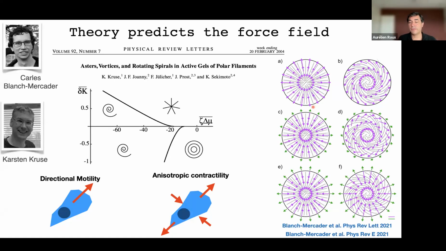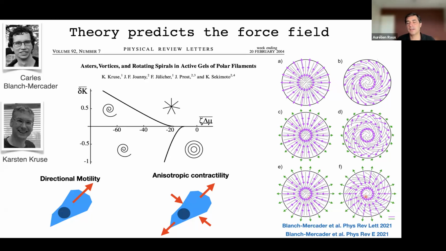If you look carefully, you see that with the first set of parameters, both the asters and the spirals are extensile. You see that I forgot to say that the arrows in purple are showing the stress field, so it's pointing outwards. Whereas with the second set of parameters, you see that the asters are contractile and the spirals are extensile.